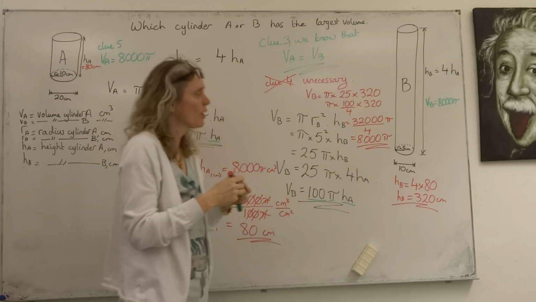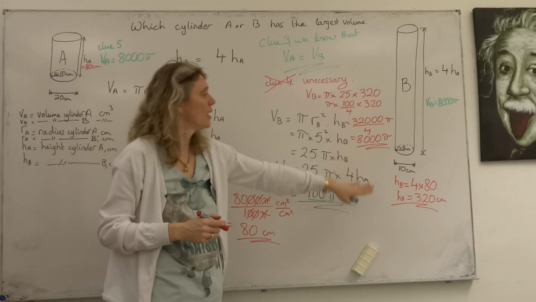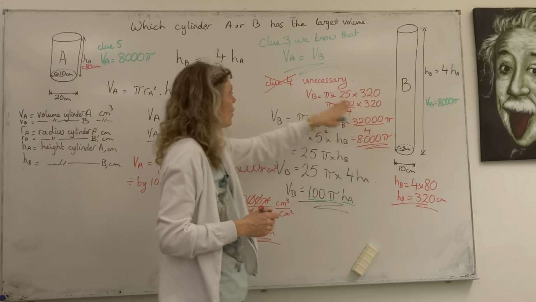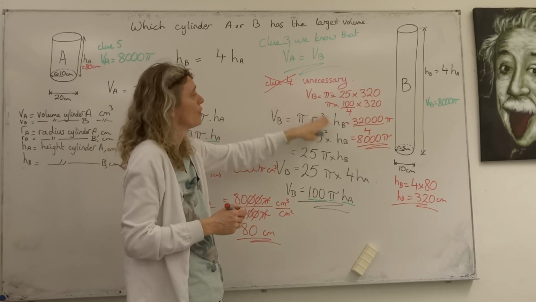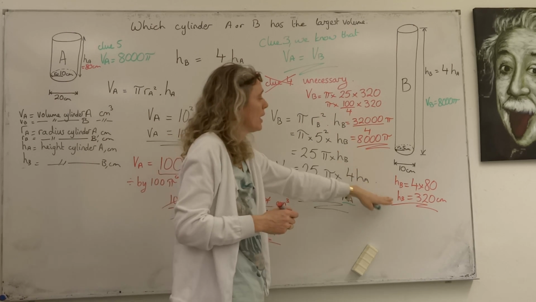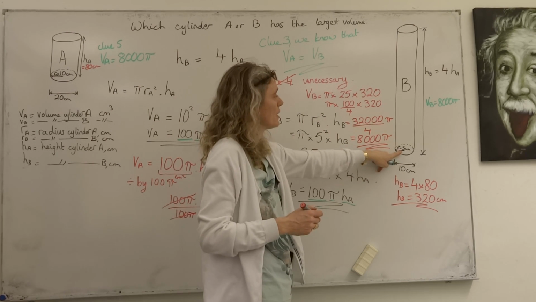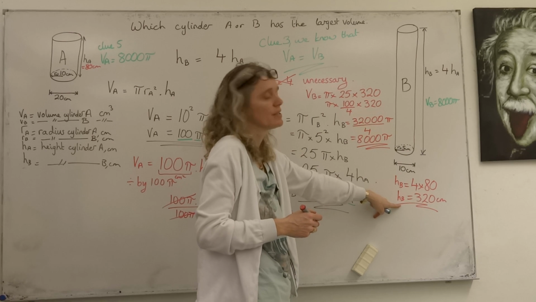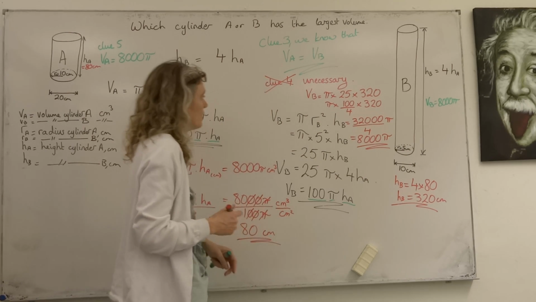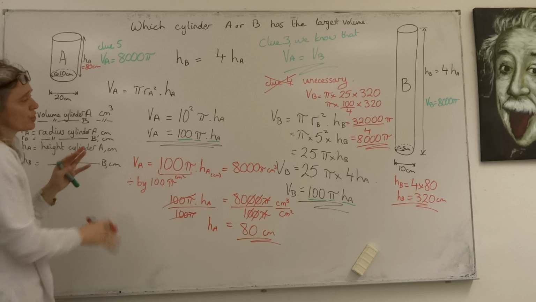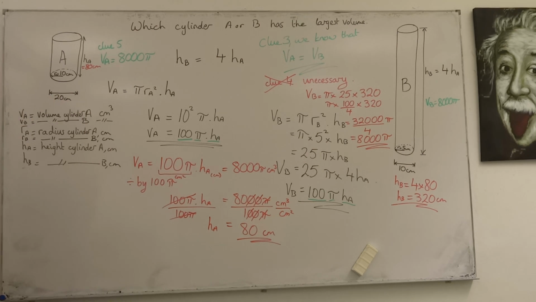So we've proved to ourselves using the actual values that we got that yes, we would end up with a volume of 8,000 pi if we had a radius of the cylinder of 5 centimetres and a height of the cylinder of 320 centimetres. So now we've double checked clue 5 as well.